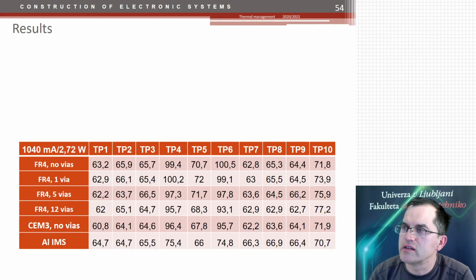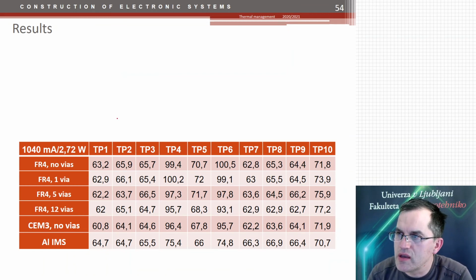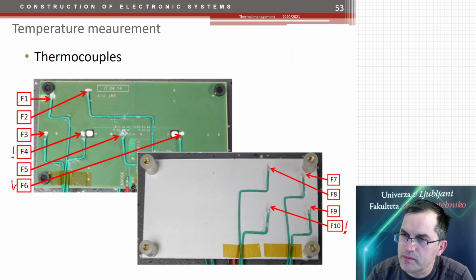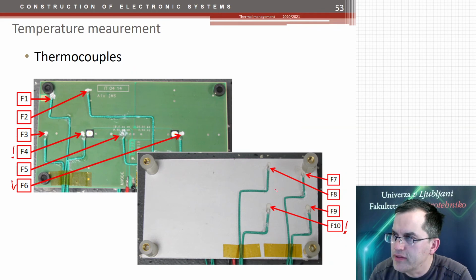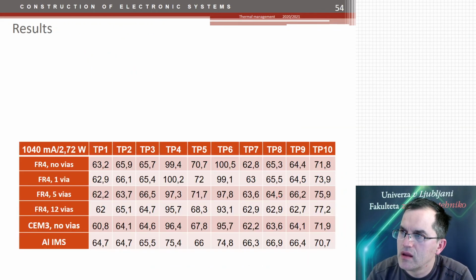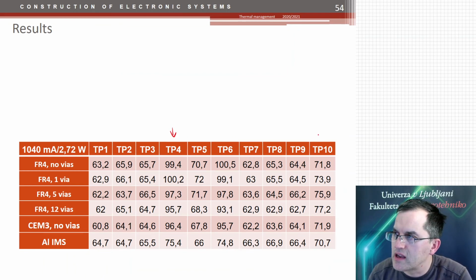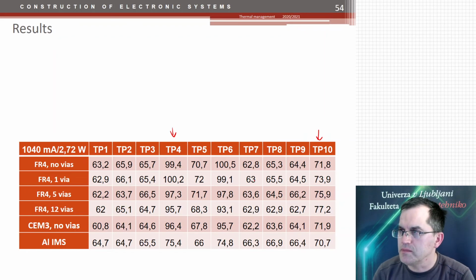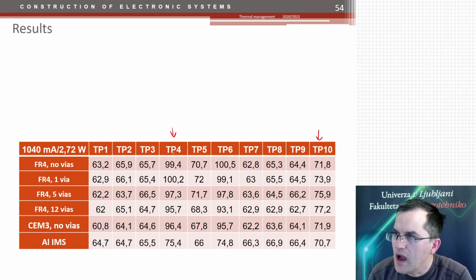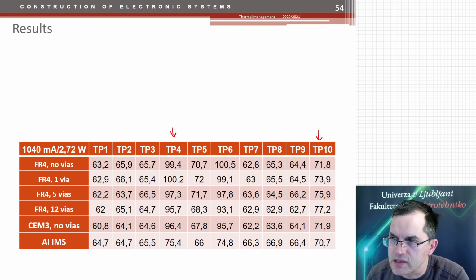So these are the results. Please check number 4 and number 10. Number 4 is the LED in front. Number 10 is just at the back of the LED. And you see the big difference if you use FR4 without wires or even with 12 wires. The temperature changes by maybe 5 or even fewer degrees.